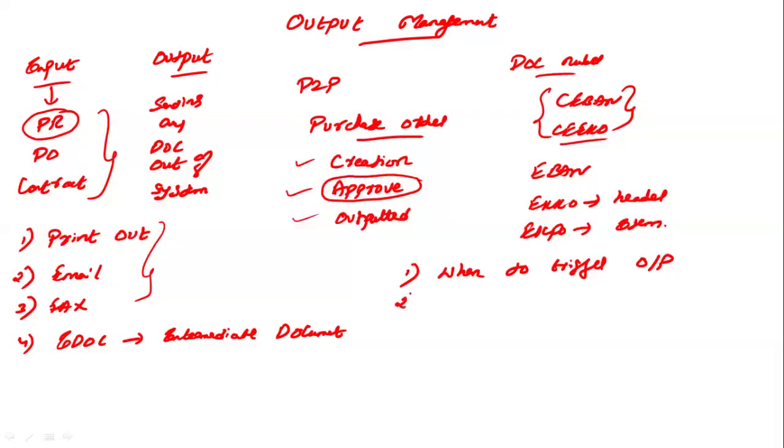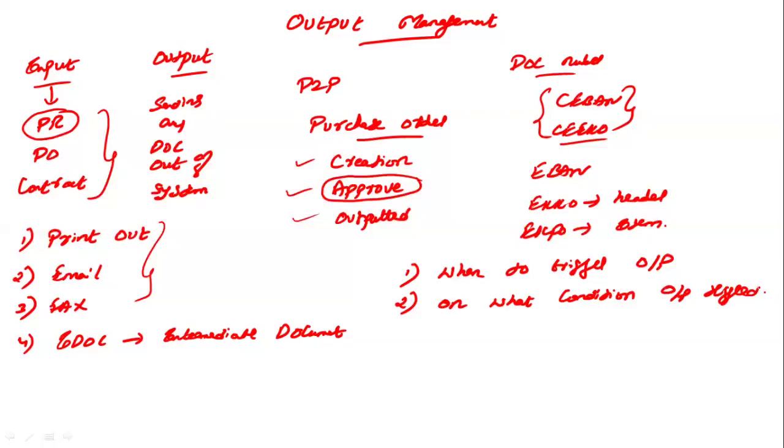Second thing, on what condition the output is to be triggered. Yesterday we discussed the conditions in the release procedure. We said whenever the document type is this, plant is this, and value is this, only then the output should be triggered. Yesterday we also tried positive and negative cases.